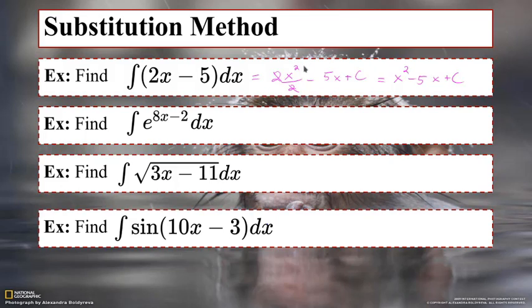Alright, but if we were to use the u substitution method on this, so we're trying to integrate 2x minus 5 dx, what we would do is say, okay, let u equal, and here we have some choices. I could let u equal 2x.